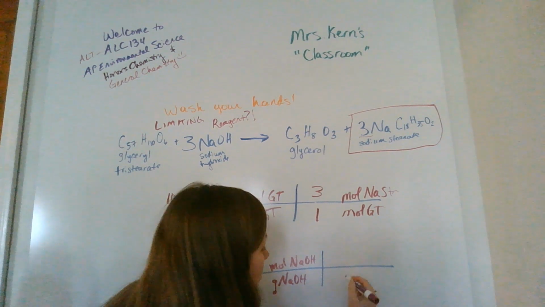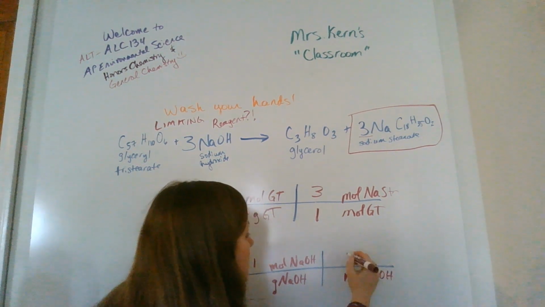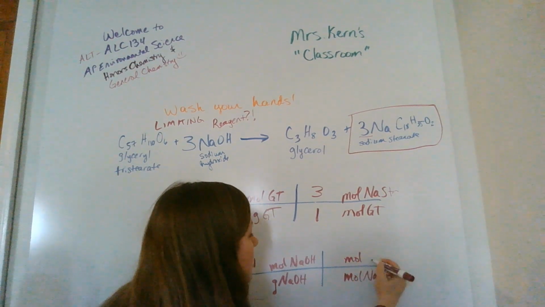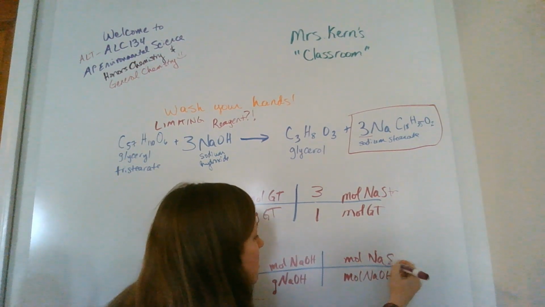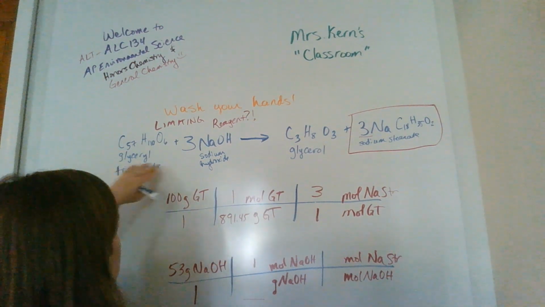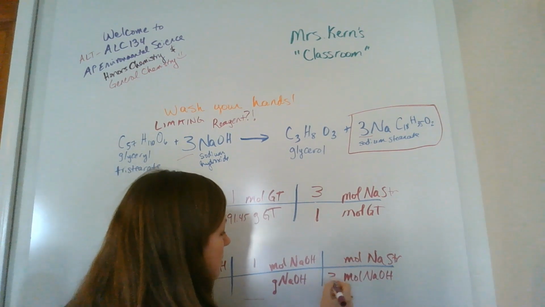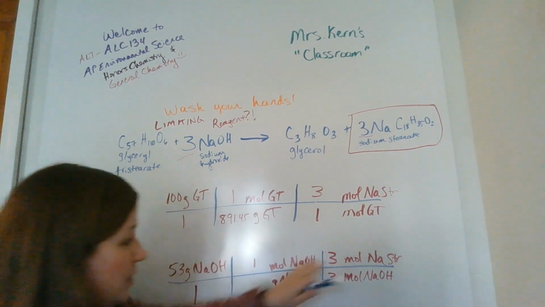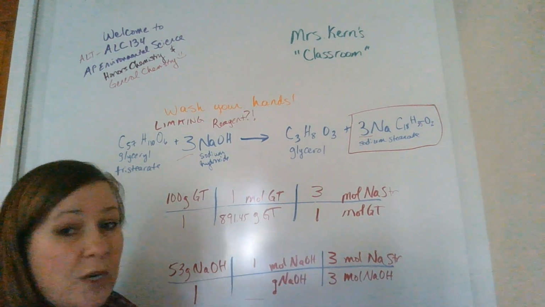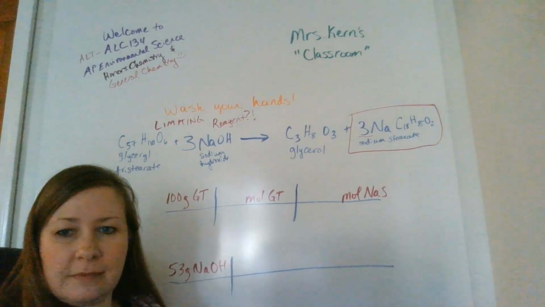Down here we're going to say moles of sodium hydroxide, 2 moles of sodium stearate. And the mole ratio here is a 3 to 3 mole ratio. Of course, I could reduce that. 3 to 3 is the same as 1 to 1. All right, I'm going to look up that molar mass, and I'll be right back.